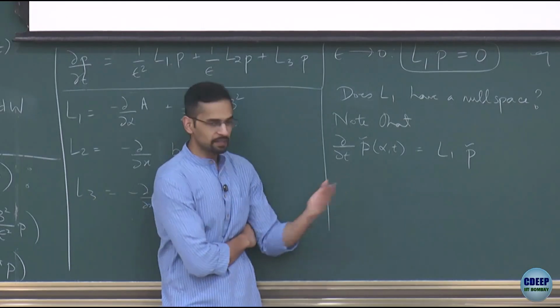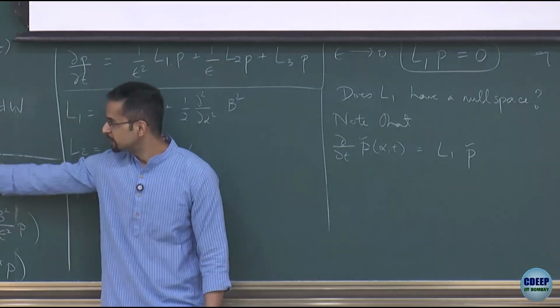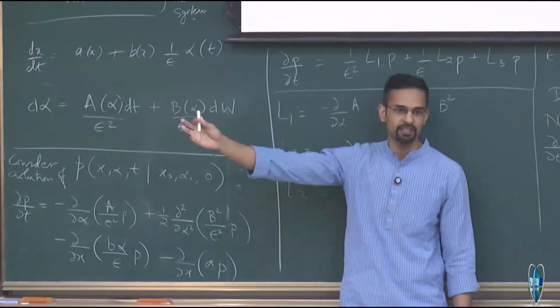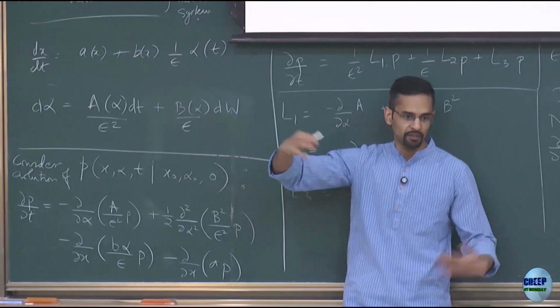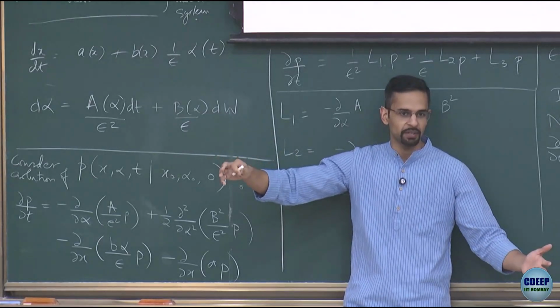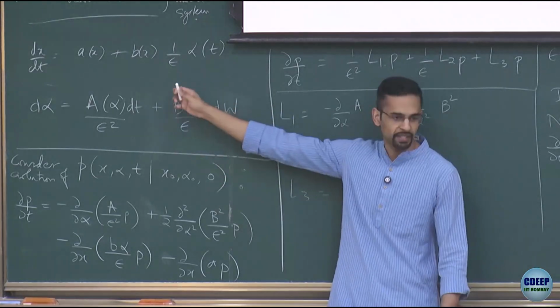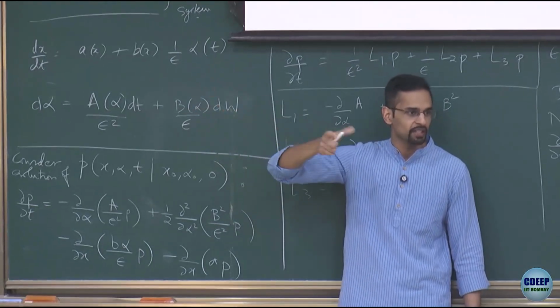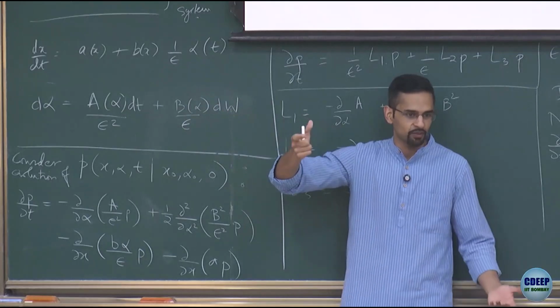So I have some SDE for alpha. The whole basis of this is that I'm looking at this problem when alpha has reached stationarity. So I have some process alpha. It is now stationary. That means the statistics don't evolve in time anymore. Then I'm using it to force the X equation. That's why I looked at the autocorrelation and said autocorrelation only depends on the time interval. Otherwise, I can't do that.